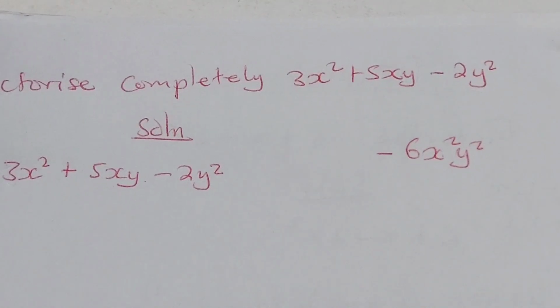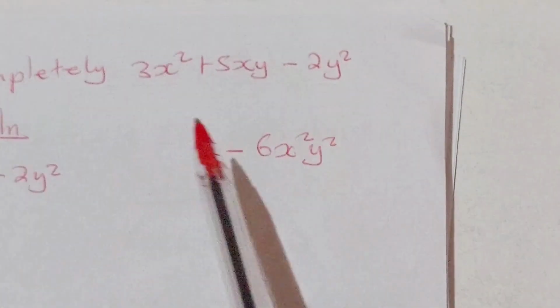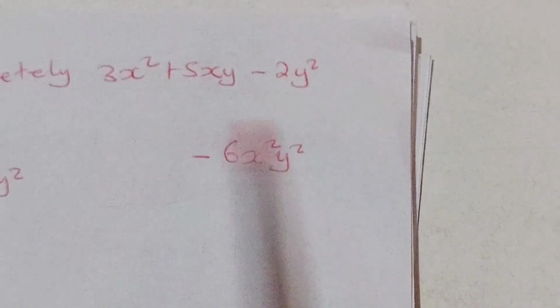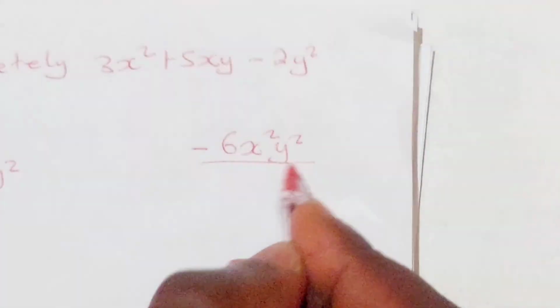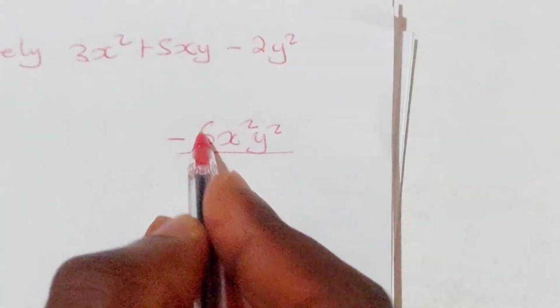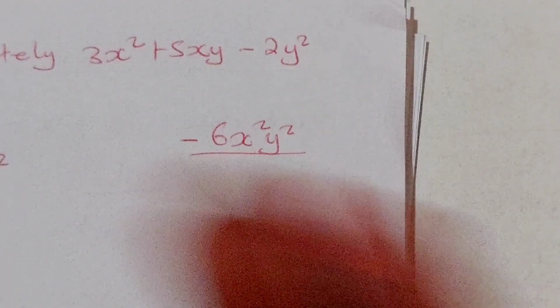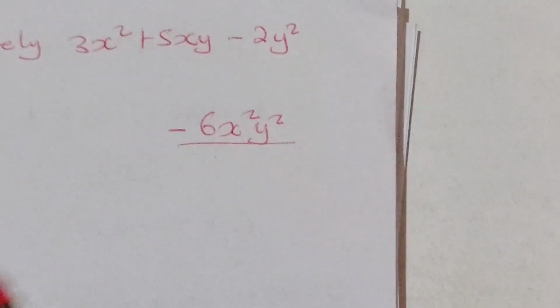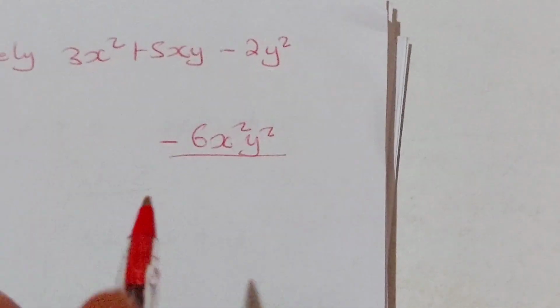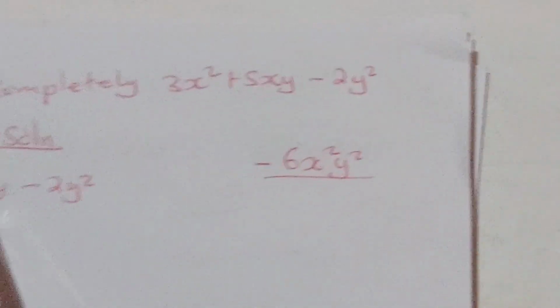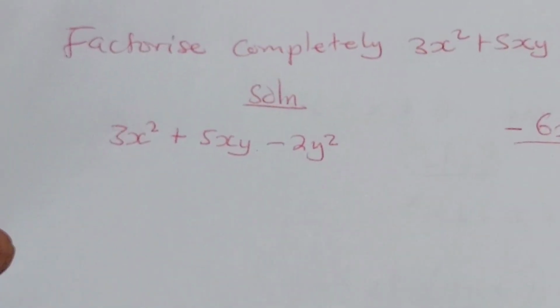So our duty now is to get the factors of this product. There are many of them, but we are targeting the factors which, when we add them, are going to give us this middle term.